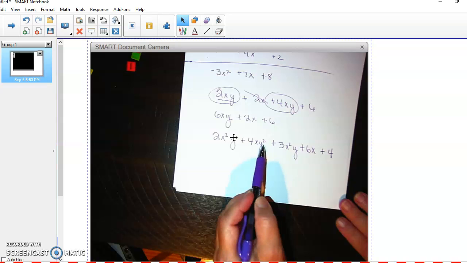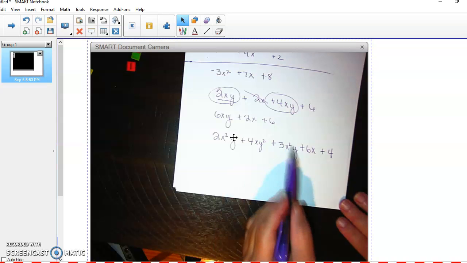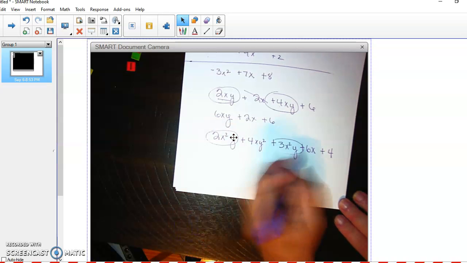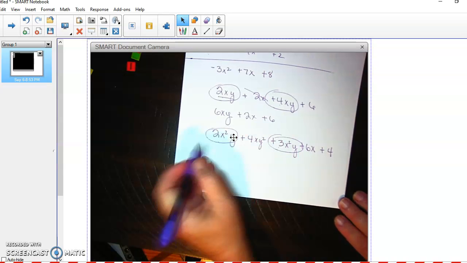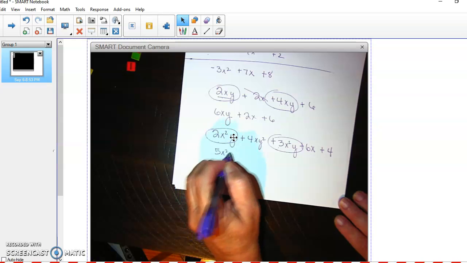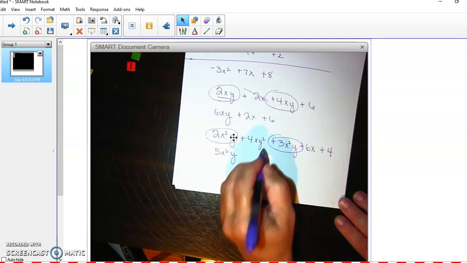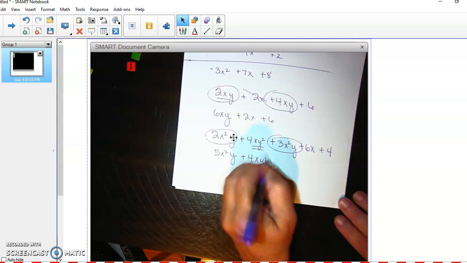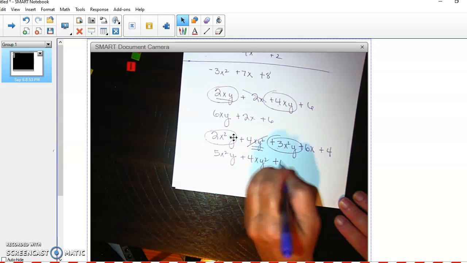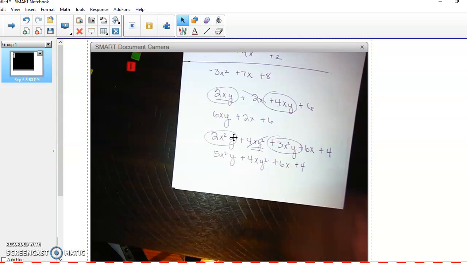It has a y that's squared, and this one has an x squared y. So this one and this one, those two are the same. Since they're the same, they look alike. We have 5x squared y. This one doesn't have anything to add to it. And then the plus 6x and plus 4.